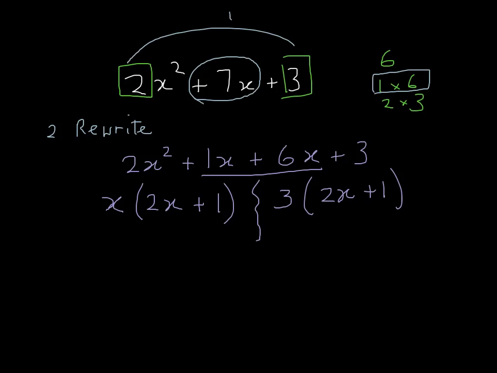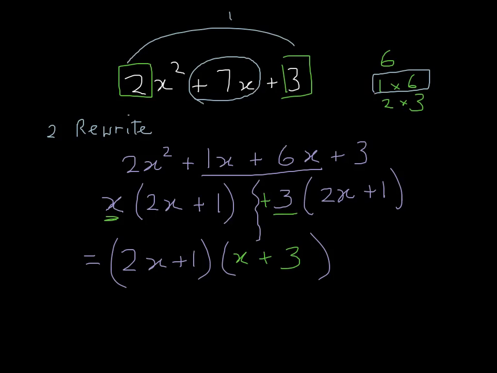I've got the same factors in the brackets, so that's going to be 2x plus 1. And in my other bracket, I put what's left here. I've got the 2 here, so I've got an x, and that's a plus 3. So plus 3 there in my other bracket.